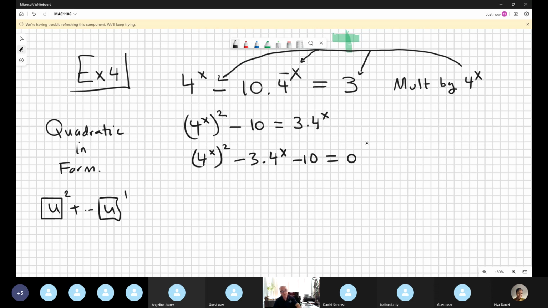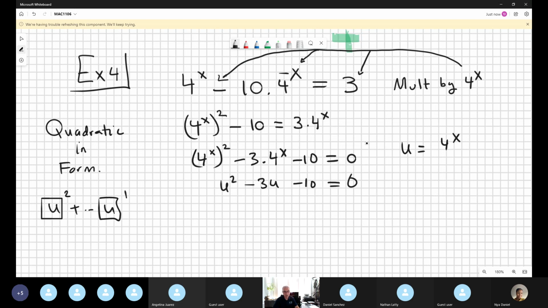So you put it in standard form, you move everything to the left, and you declare the u substitution, u equals 4 to the x. When you rewrite the new equation using the auxiliary variable u, this is u squared minus 3u minus 10 equals 0. Wow, this is super easy. This is a quadratic equation that we can solve by the quadratic formula.